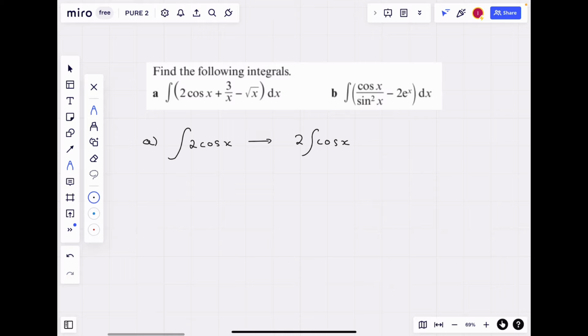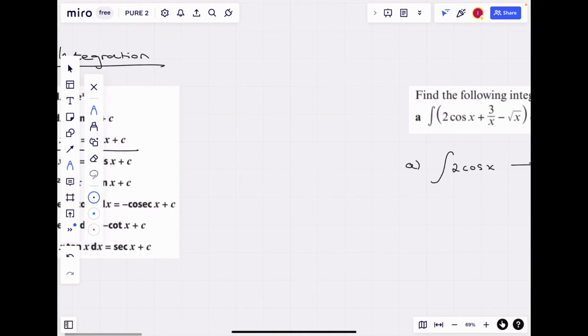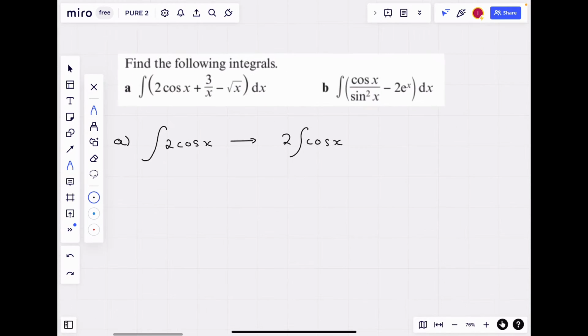Okay? Now, how would you integrate cos x? Using this rule, it turns into sin x. So, you would have 2 bracket sin x, so 2 sin x.